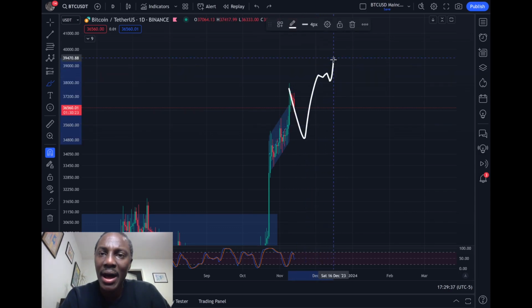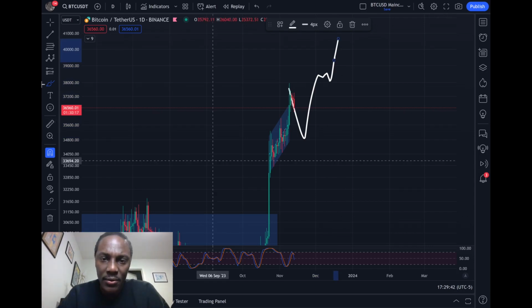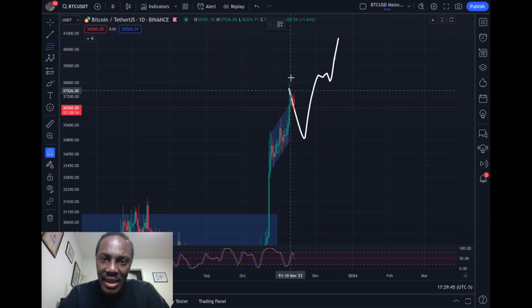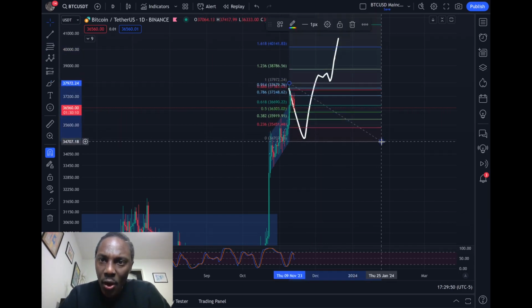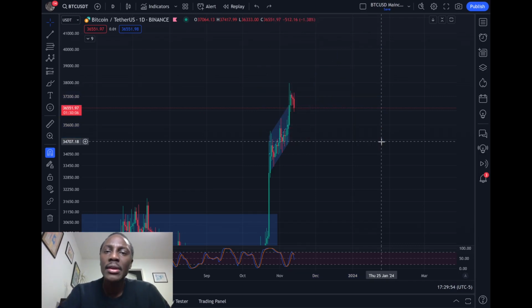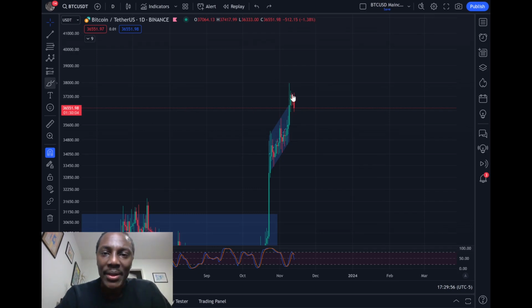You can even come higher like this. You can go up to, let's see, how high can you go? It depends how low you go. Let's say you can go up to the 40K region. And I think that'll happen because a lot of people want it to.